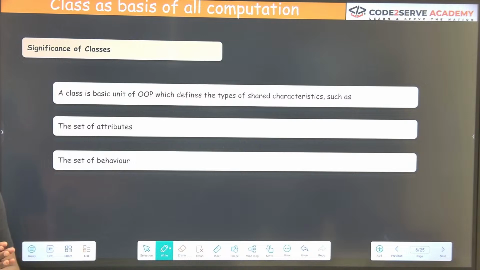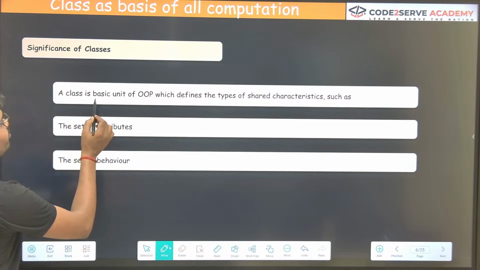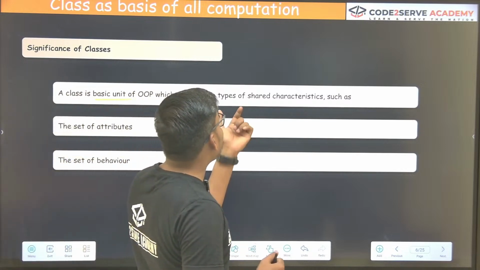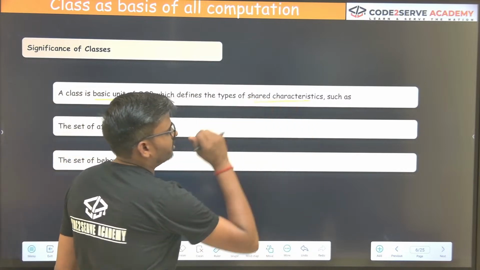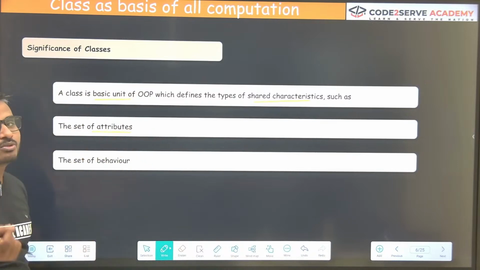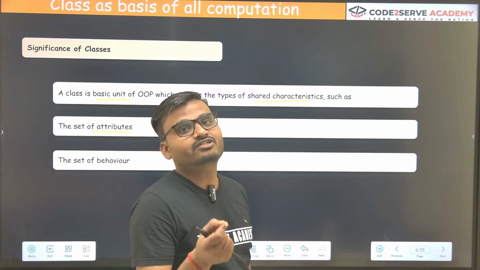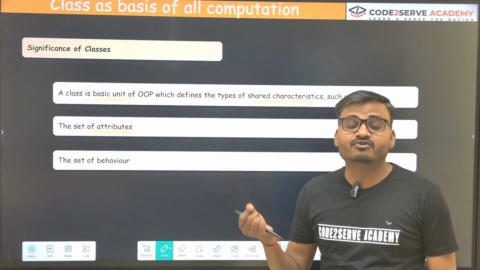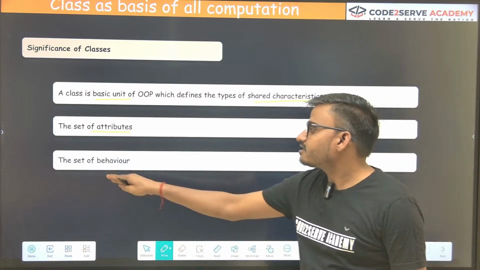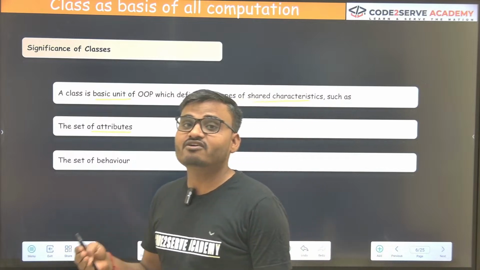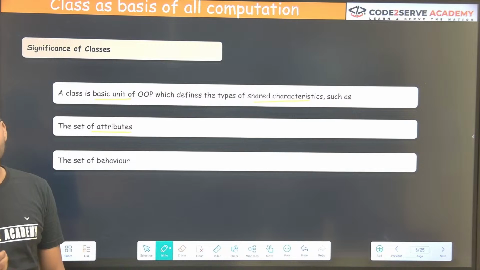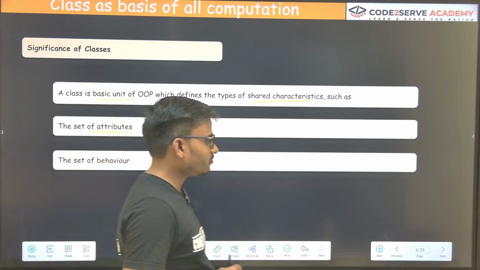So a class is the basic unit of object oriented programming, which defines the type of shared characteristics, as I already told you, a set of attributes. Attributes are nothing but the characteristics that we declare using data types. All right, and the set of behaviors. The set of behaviors are the methods that we create inside the class. All right. Next.